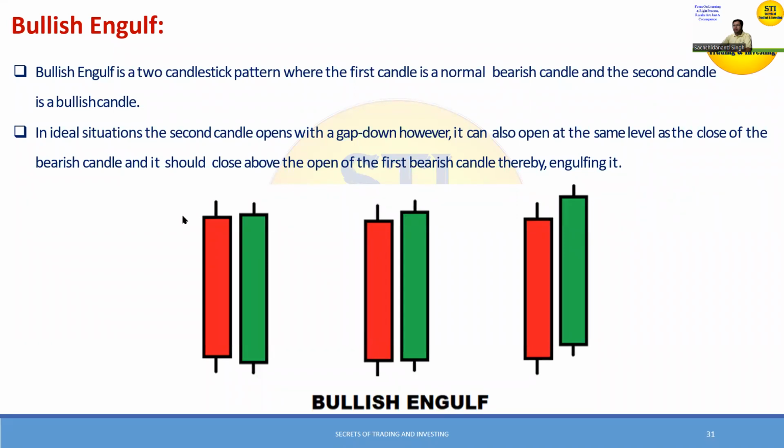The red candle fell from this level to that level, and the next candle is completely eating out that effect and taking the price up to the same level or above the previous level. That is what it says. It depends on how you remember it, but by looking at the chart you should be able to know that it is completely neutralizing the effect of the first bearish candle.